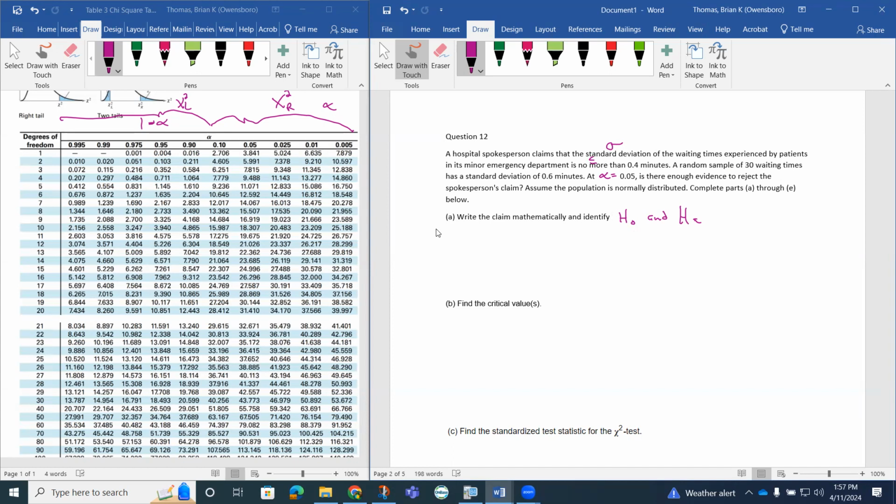So when we do H sub 0 and H sub A, the claim is going to be the null hypothesis. So the standard deviation is less than or equal to 0.4. That means our alternative hypothesis is that the standard deviation is greater than 0.4. So this is where our claim is.